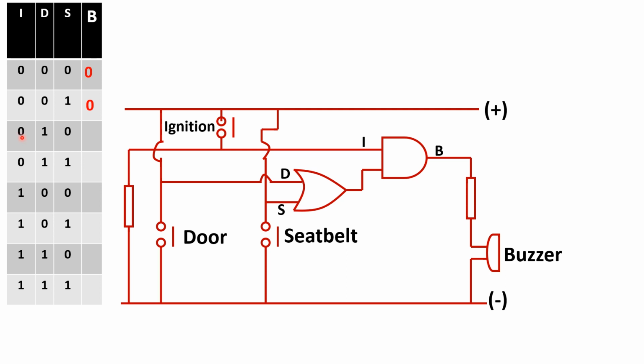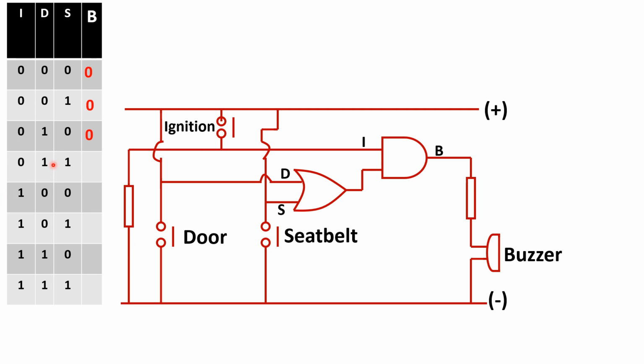Again, to continue, if I is 0, D is 1, and S is 0, what is the output at B? 0, so that is still 0.